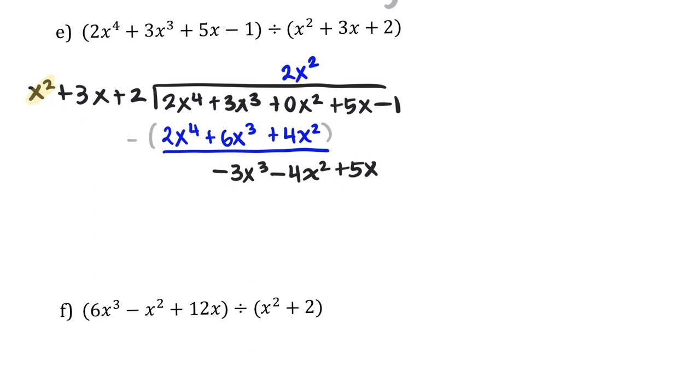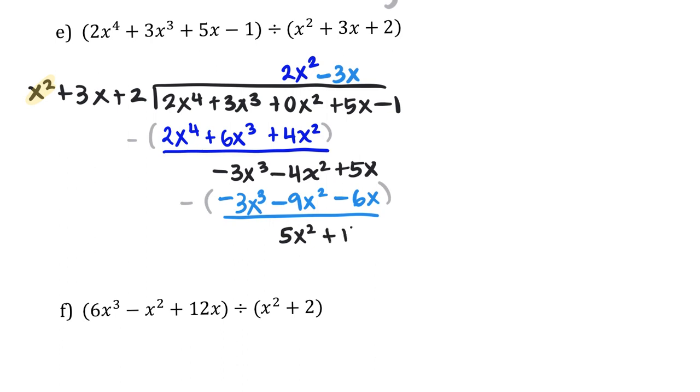Okay, to get this, times negative 3x. So that's negative 3x cubed, negative 3x times 3x, negative 9x squared, negative 6x. Subtract carefully. Okay, cancels. Negative 4 plus 9 is 5x squared. 5 plus 6, 11x.